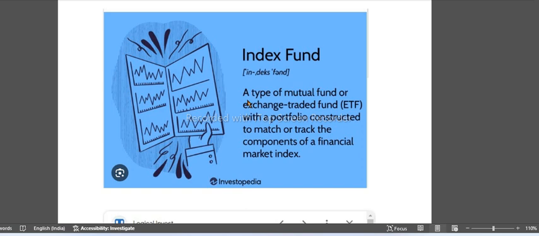If you like trading, you like to buy one stock. For example, you buy HDFC stock, and another stock, any one stock you take.